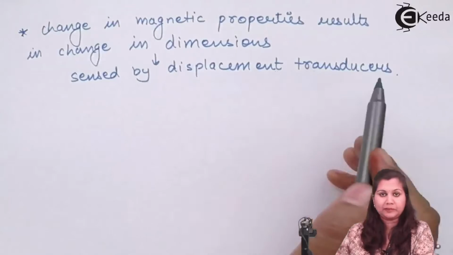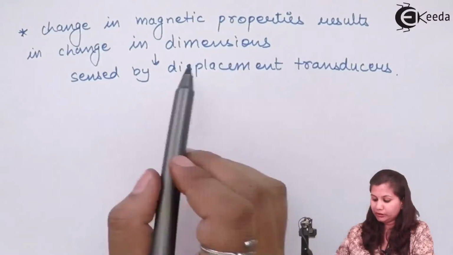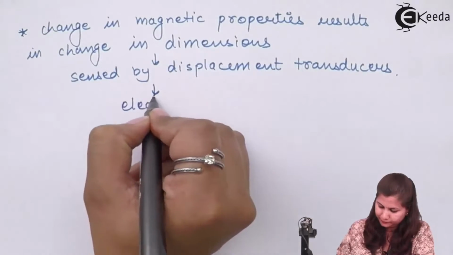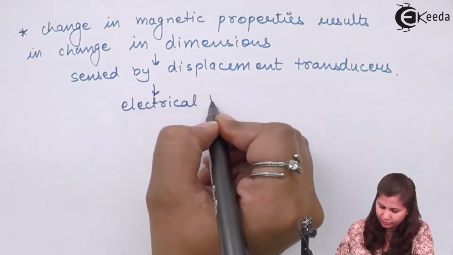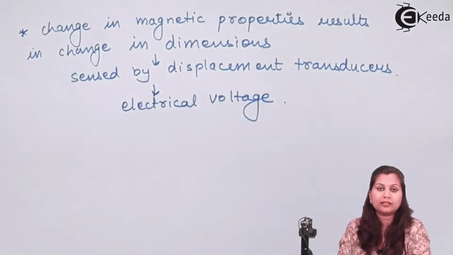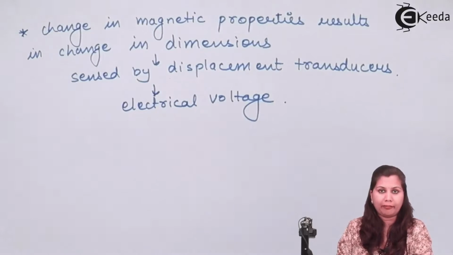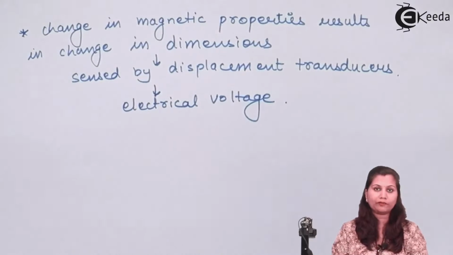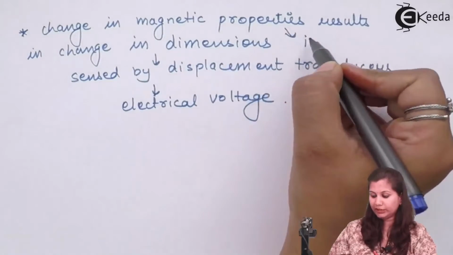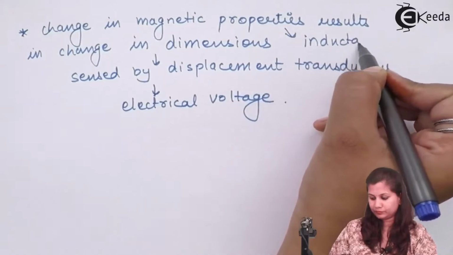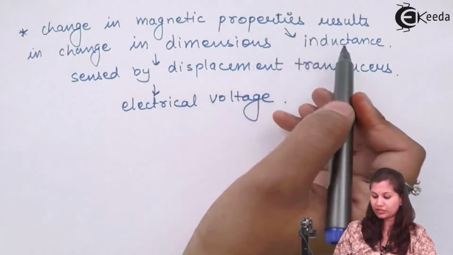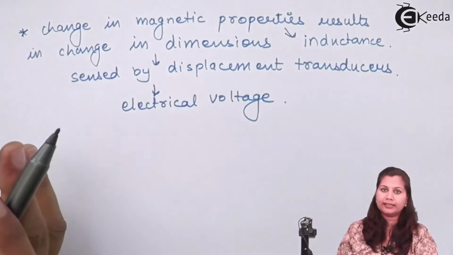The displacement transducer is going to convert the displacement into the electrical signal, or we can say electrical voltage. So that is the working of the inductive microphone, which works on the principle of the change in inductance, because magnetic properties are related with the inductance. And the diaphragm is causing the change in the inductance.